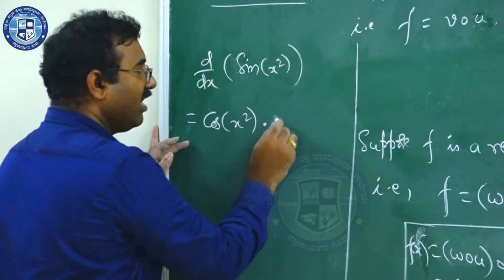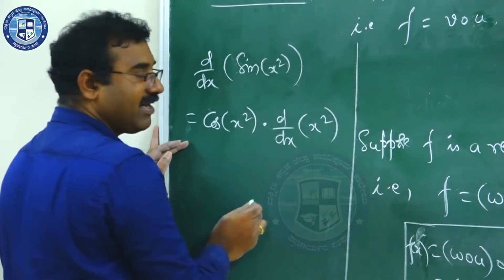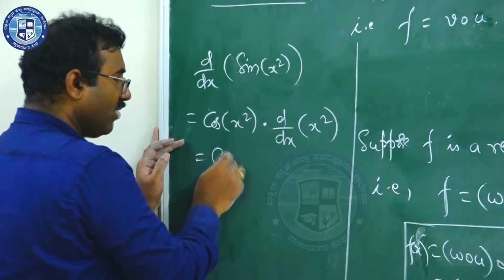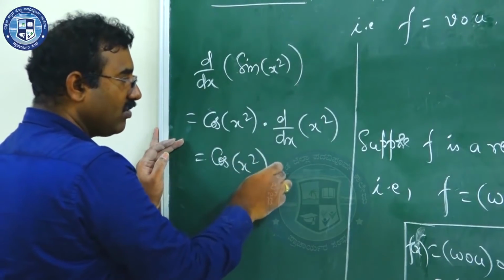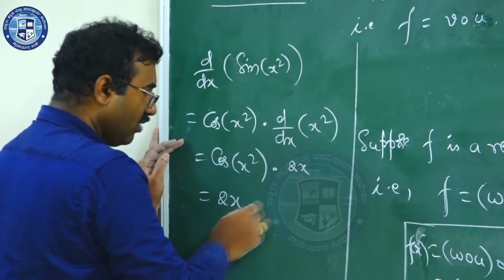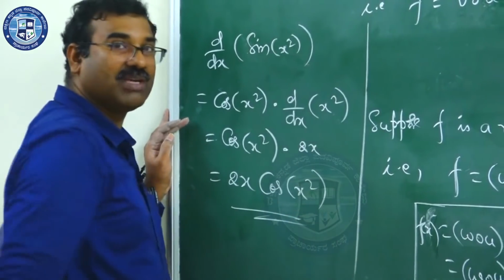That's why we consider the derivative d by dx of x square; its rate of change needs to be considered. So cos x square into the differentiation of x square, which is 2x. So 2x cos of x square. Like this you can work it out.